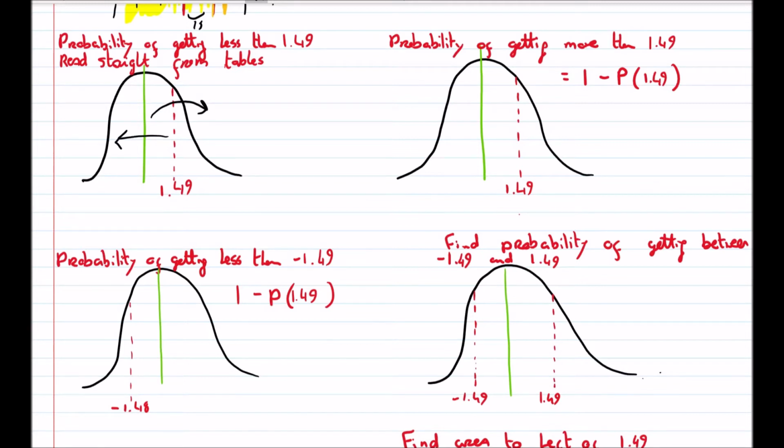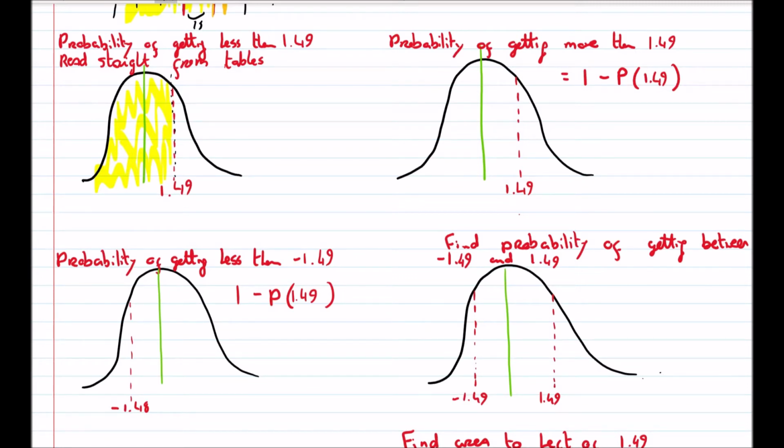So we were looking for the probability of everything before that. And if that's the case, that's fine, because I can just read the z-score straight from the tables.